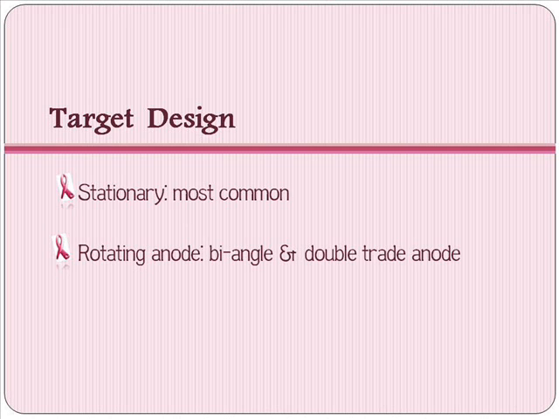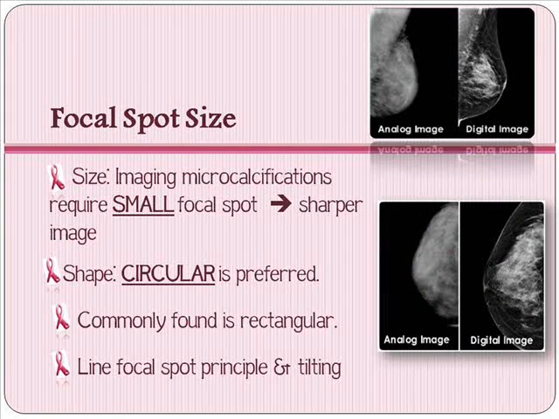So we won't miss any of the microcalcification. For the shape of the focal spot, circular is preferred, but commonly found is rectangular. And to obtain adequate radiation, we apply the line focal spot principle and tilt the X-ray tube.